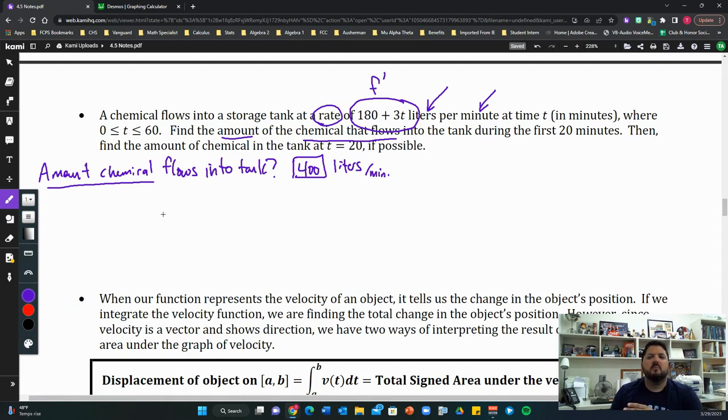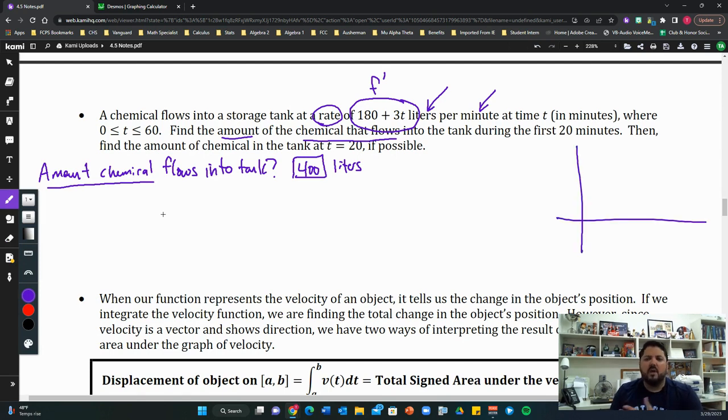Liters per minute is describing the rate at which chemical is flowing into the tank, but it doesn't answer the question, how much chemical? How much would be simply liters. So it's important sometimes to think about the units of your answer, because that will kind of inform the process a little bit. So if you're stuck, think about the units involved, and then let's think about how we can create that unit with the information given to us.